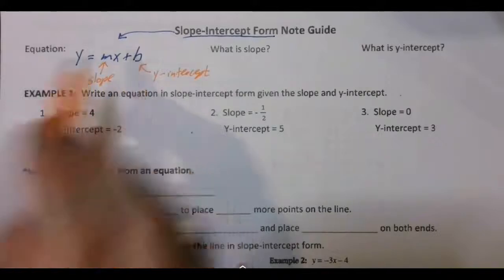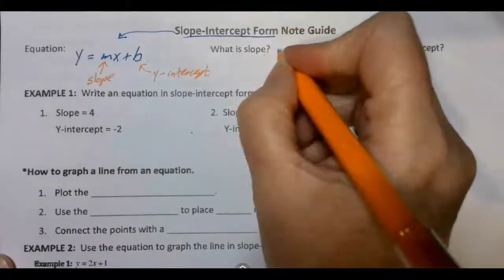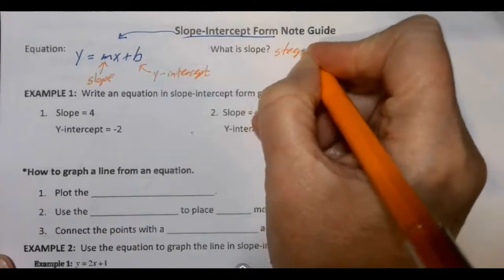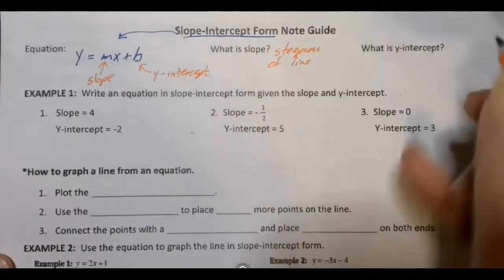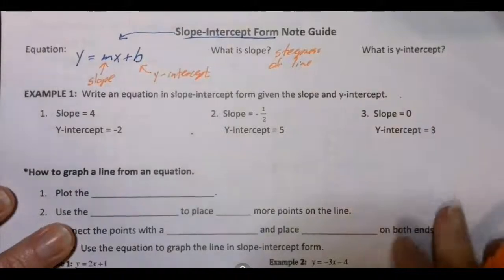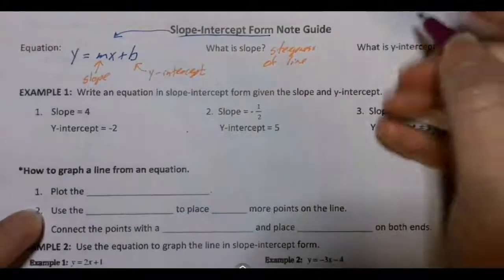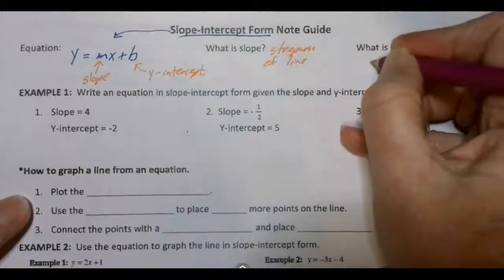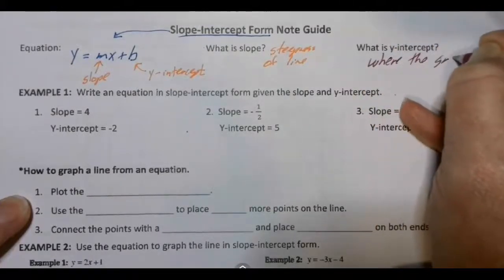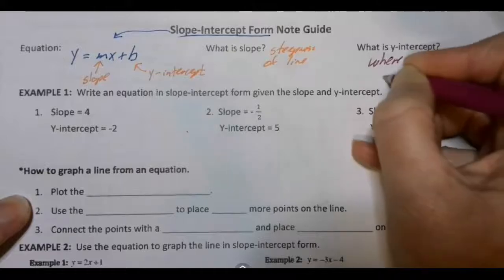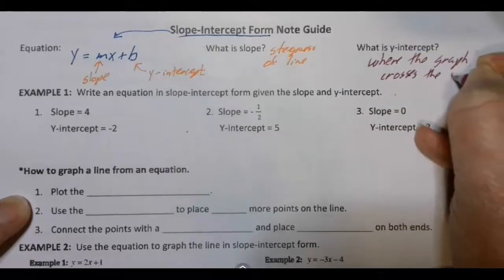Now, they don't make a lot of sense, but I'll tell you in just a second. That's going to be really helpful. So what is slope? We talked about this before. This is the steepness of the line. Okay, and the y-intercept, we talked about this before too. And the y-intercept, that is where the graph, so where the graph of the line crosses the y-axis.